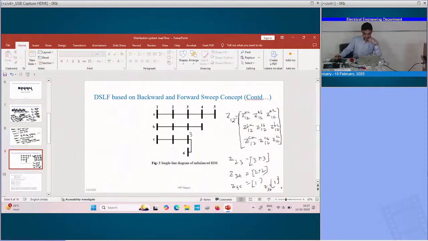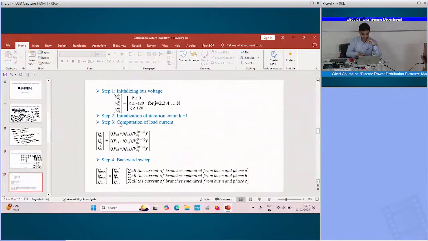Now like earlier, if we solve here also, what values may we see change? If I move to the next slide, like earlier, here also we consider the initial voltage at the bus at an angle of 0 degrees, and as it is a three-phase system, we consider the phasor difference of 120 degrees between phases, and initially we set the iteration count as 1.